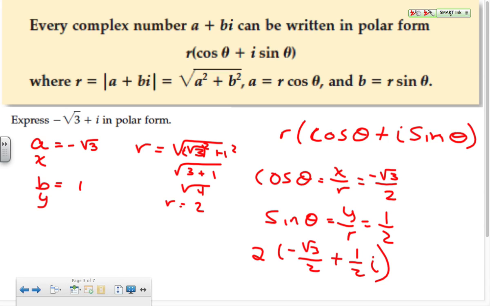We can simplify that. Sorry, I messed up. I was thinking of it in a different way. So we actually need to write it with the cosines and sines in the problem.